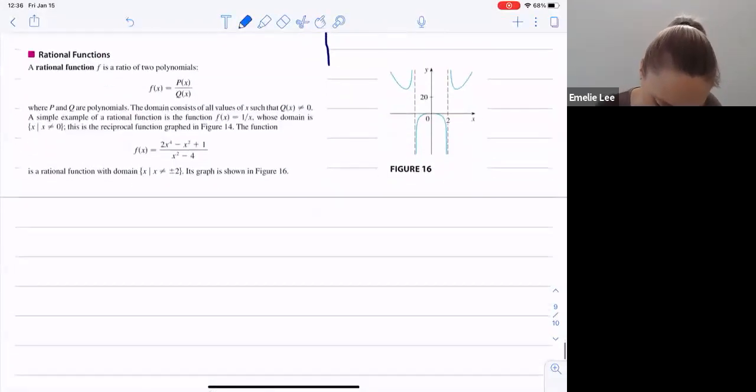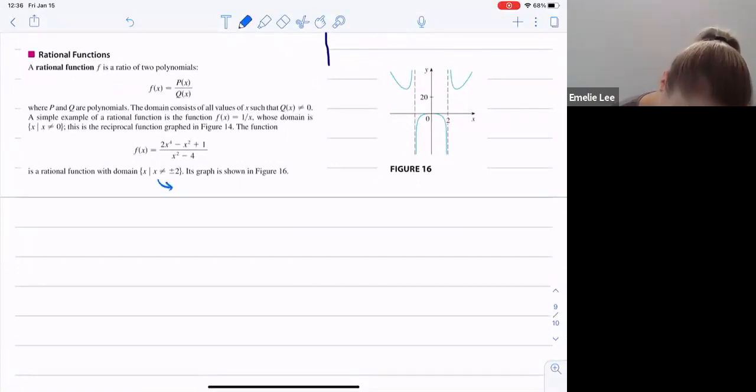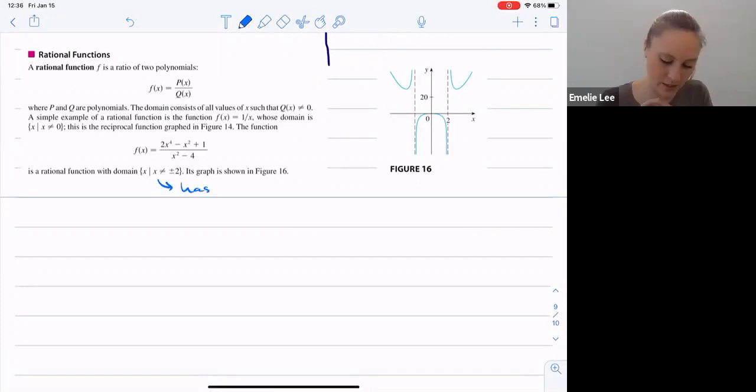But I will highlight that once you've figured out the domain, and we'll do more domain problems throughout the course, x squared minus 4, if you factor that out, then you're going to find that x can't be +2 and x can't be -2. And so that's why we've written the domain like this.